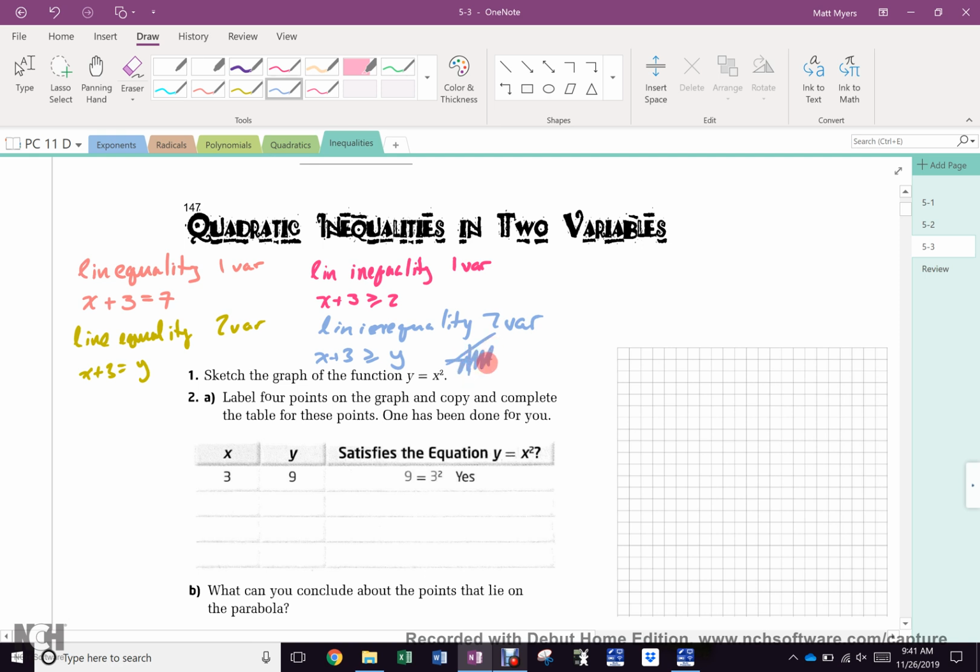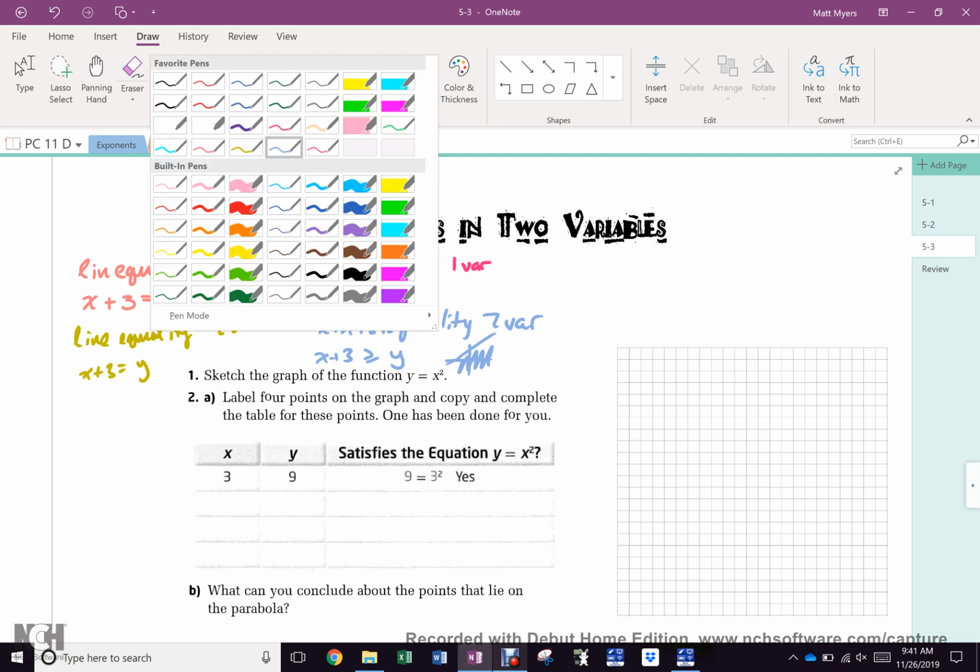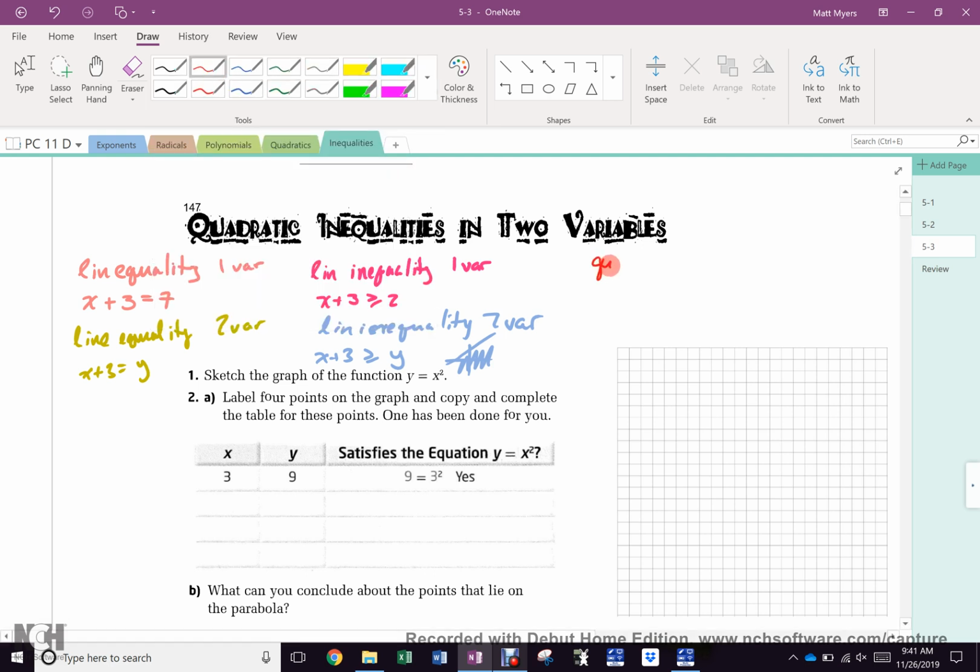And then the last thing we did was quadratic inequalities with one variable. X squared is greater than 0. Right? And then, again, we draw the graph, we shade it, and then we color it in.